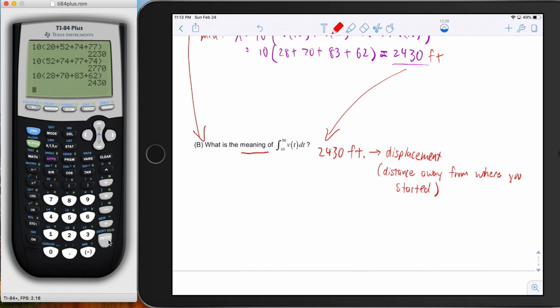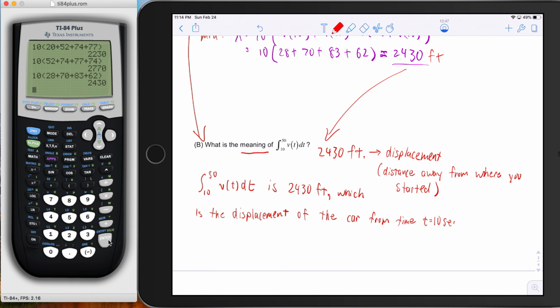So I would say this expression, the integral from 10 to 50 v of t dt, is 2,430 feet, which is the displacement of the car from time t equals 10 seconds to t equals 50 seconds.